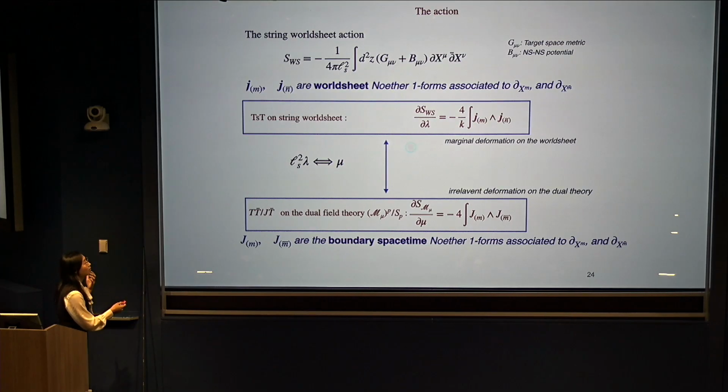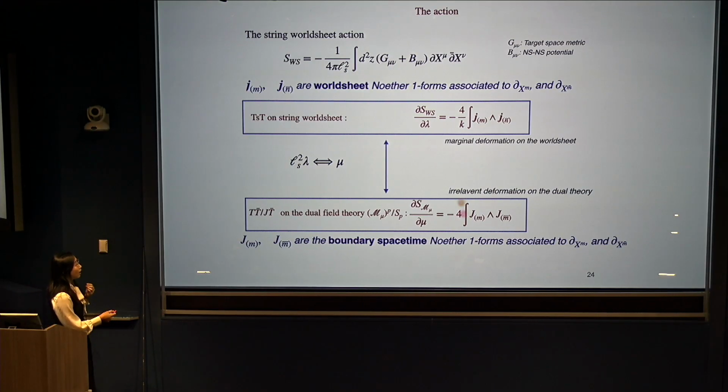That may ring a bell because we know that TTbar and JTbar deformations can also be written in such a way. The deformed action satisfies a differential equation where the right-hand side can be written as the current product. And you can just follow the symmetries.